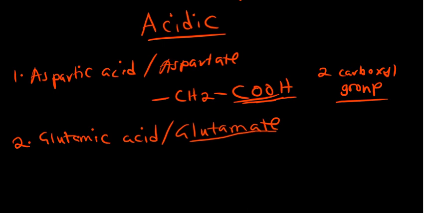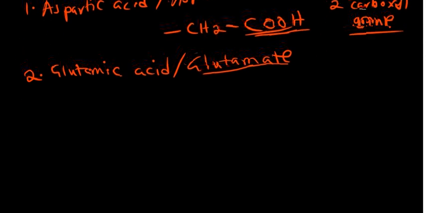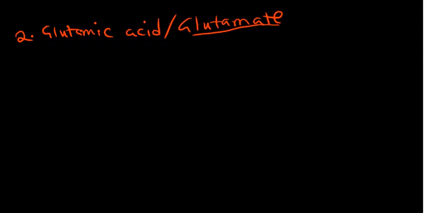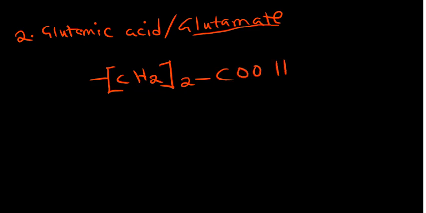When it becomes aspartate, that means it's negatively charged. So the other group for glutamic acid is like this: CH2. Then we have 2 here. So we have another one here. As I said, this is the second carboxyl group, hence it is acidic.